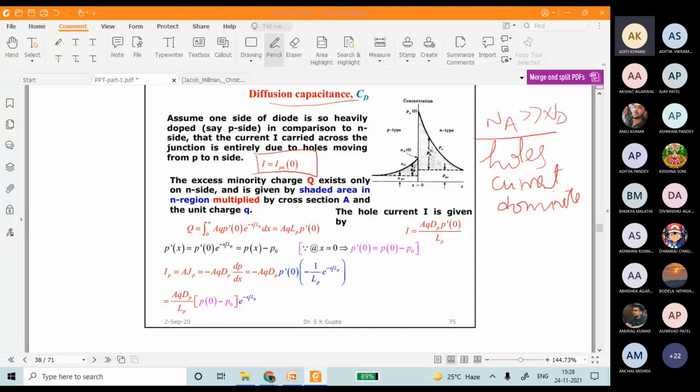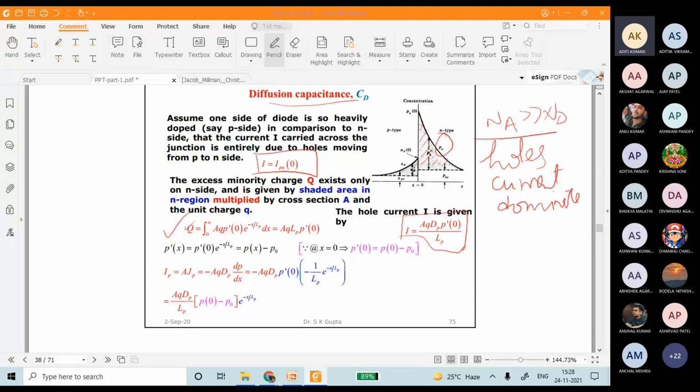We can find out how much charge there is in this region by integrating the variation of minority charge carriers injected into this region, and from this we can also find out the current. Current is given by this equation.